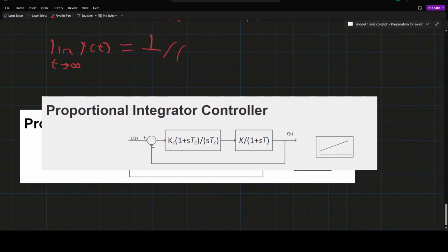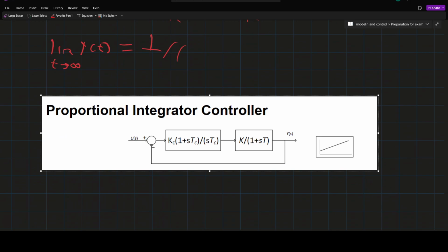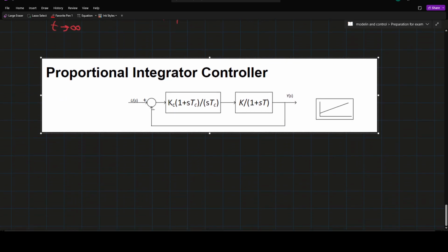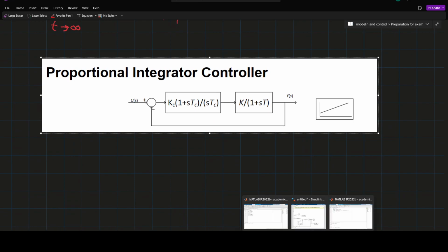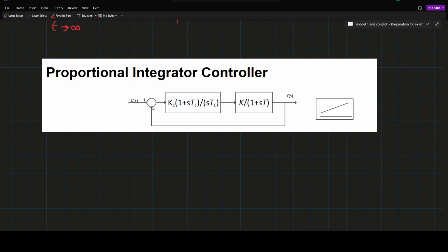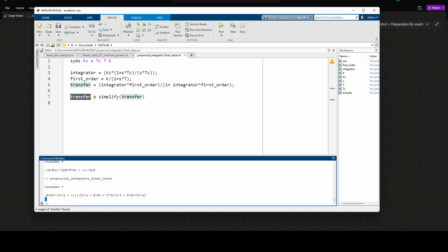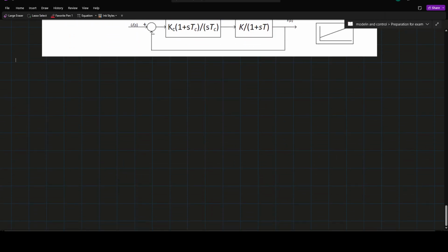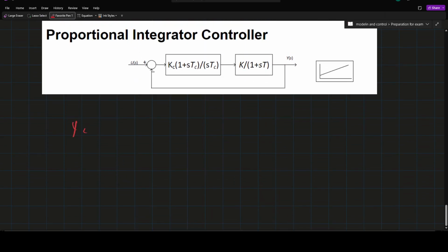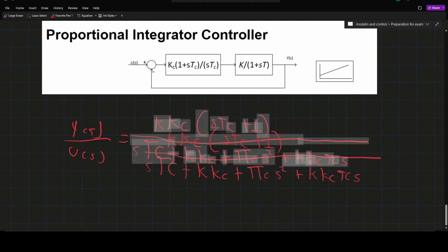And finally, for our proportional integral controller, the multiplication and simplification was a little bit longer. It's not hard, it just takes time. So I just plugged it into MATLAB and simplified it to get a simpler version of the multiplication, and I got G(s) over U(s) equal to this.